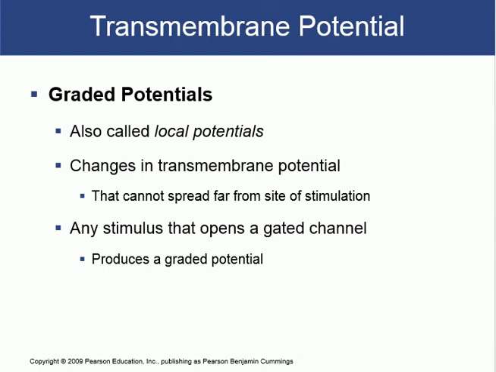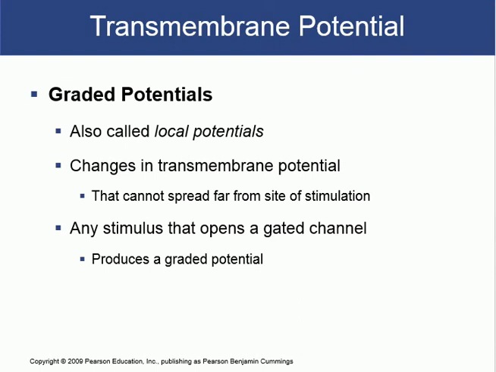Inside compared to outside, is it negative or positive or neutral? Negative. Negative what? Negative 70. Yes. So normally, if this is the cell, you have positives and negatives inside, and positives and negatives outside. If you put an electrode here and another one here and see the reading, it's minus 70 inside compared to the outside.